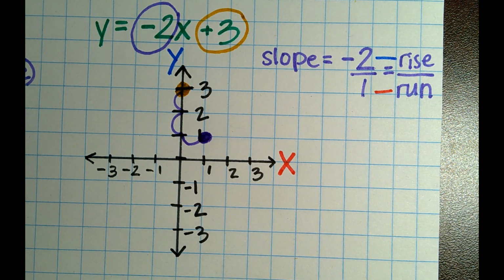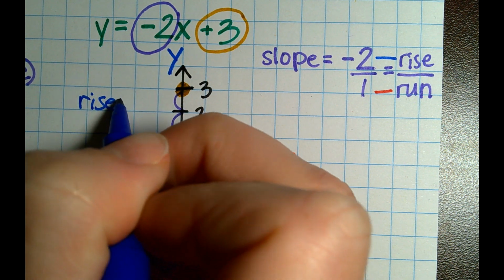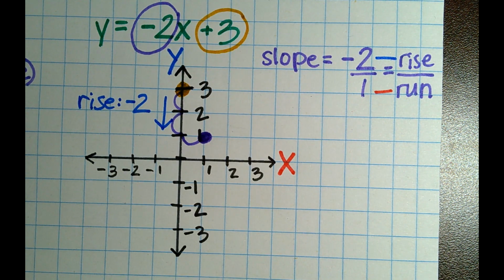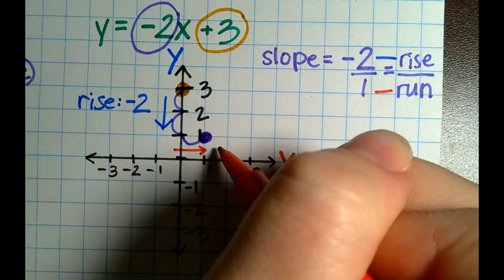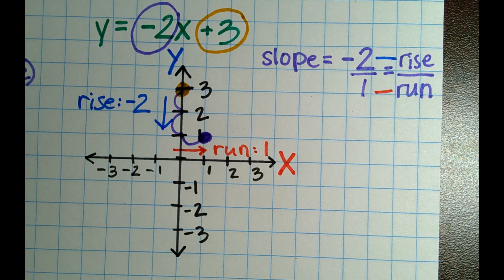Right there. So I can label this as well. My rise was -2. That's why we went down 2. And my run was 1. Okay. What is the very last step? Connect the dots.